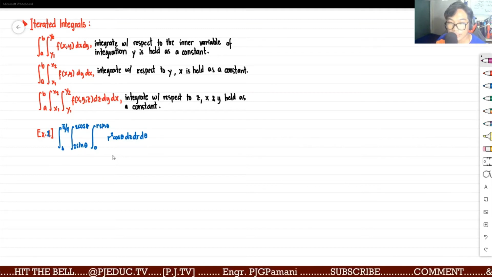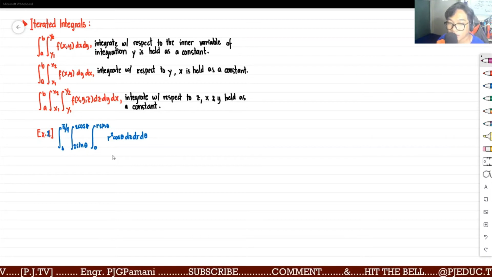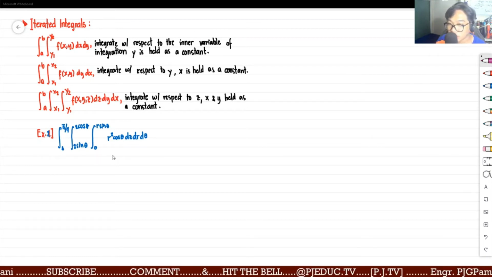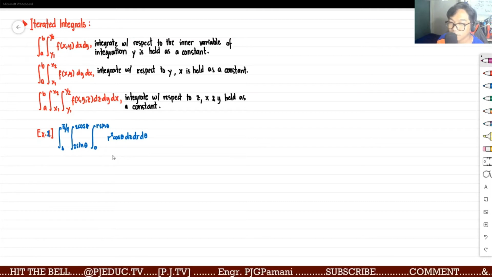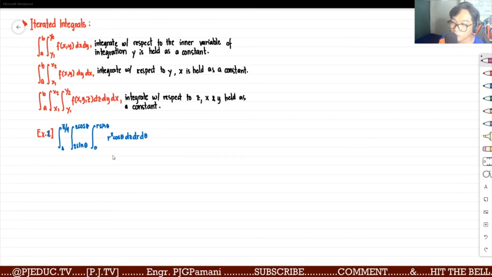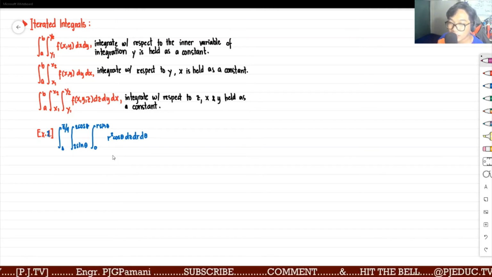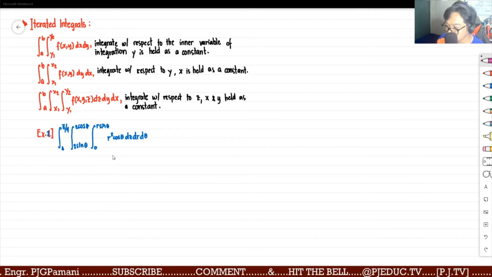Okay, for your last example, integration with respect to 0 to pi over 4 and with integration of 2 sine theta and 2 cosine theta, and integrate it from 0 to r sine theta with the first integrand form of r squared cosine theta dz dr d theta.